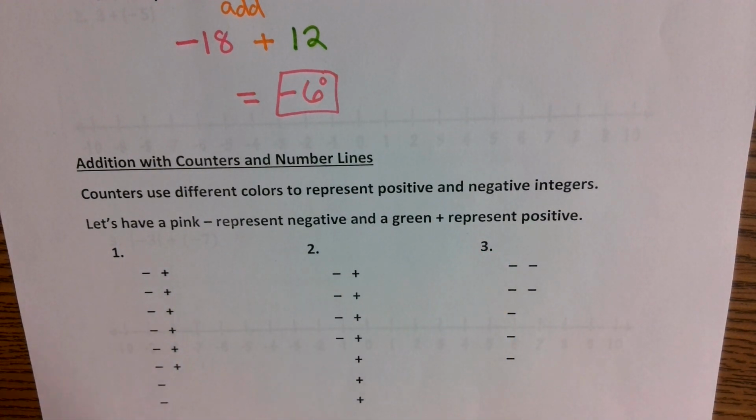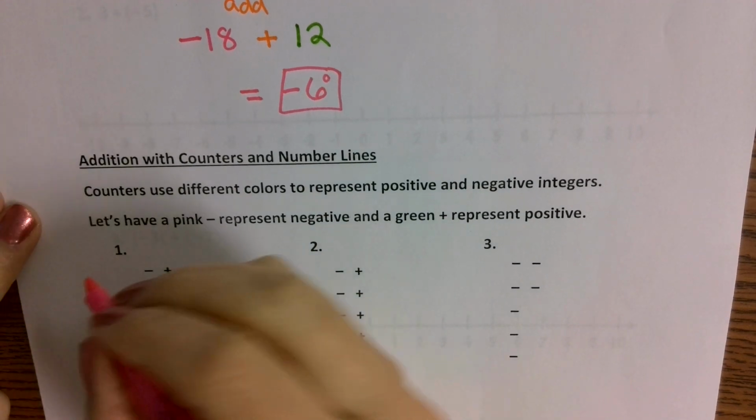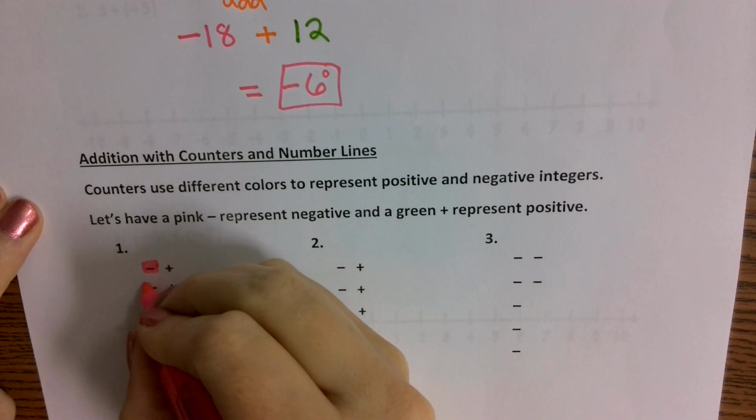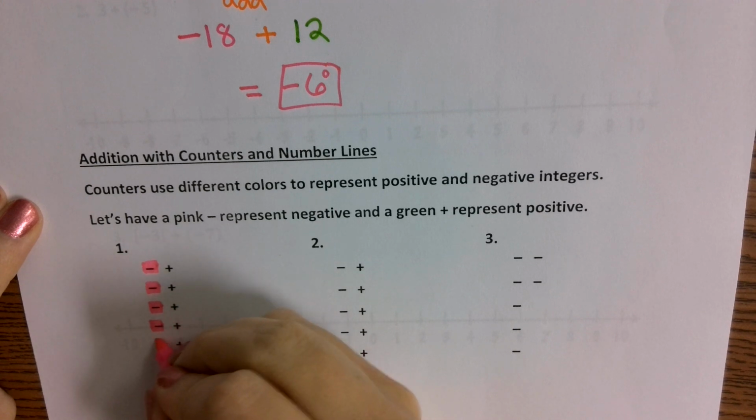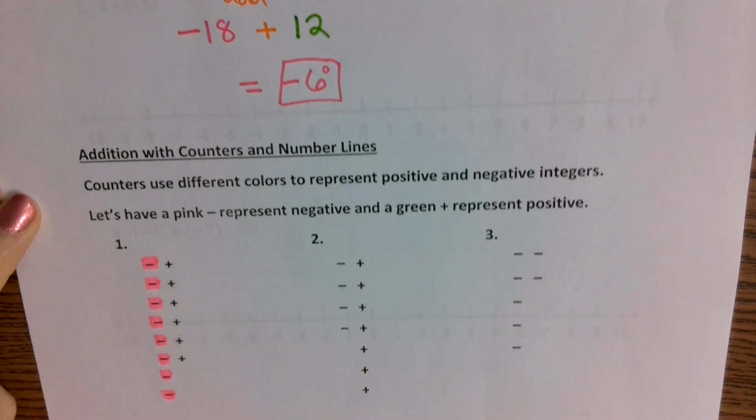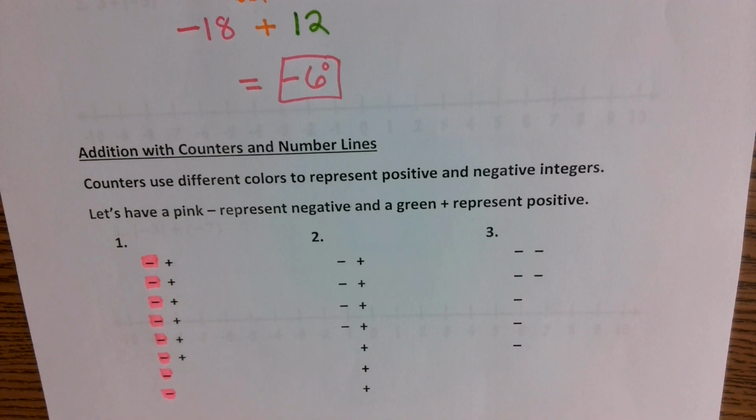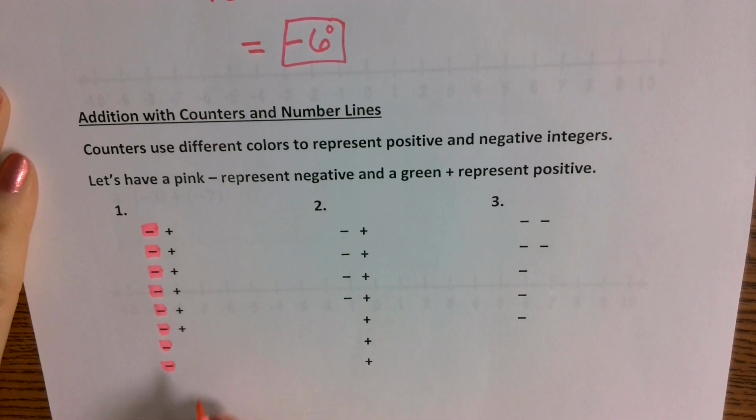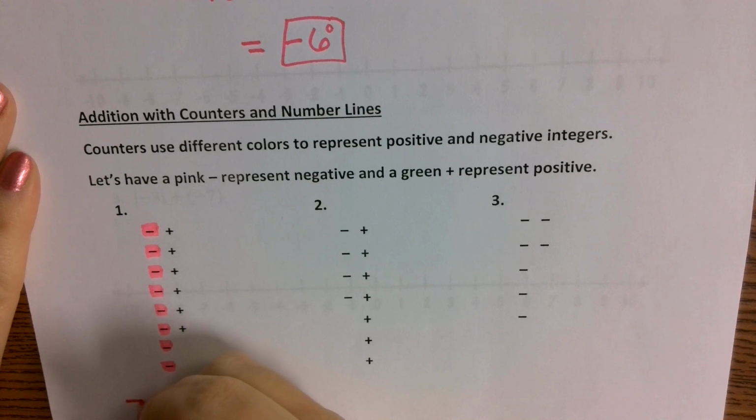So in this situation, for problem number 1, I have how many negatives? I've got 1, 2, 3, 4, 5, 6, 7, 8 negative symbols located right here. So in my problem that I want to write, I want to represent my situation, I'm going to write negative 8.